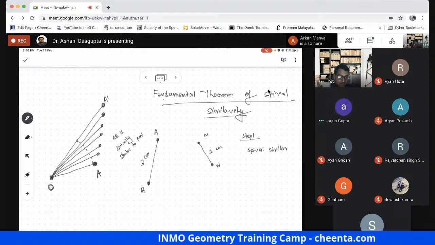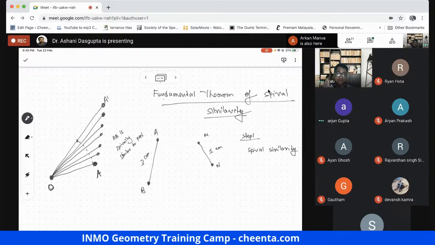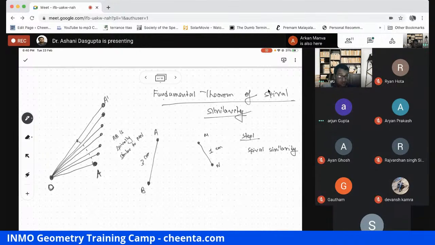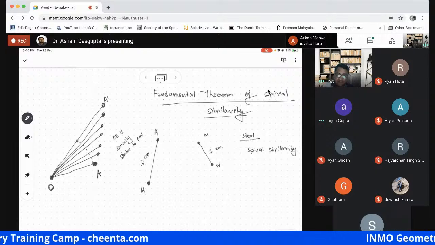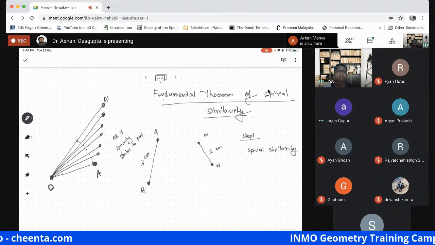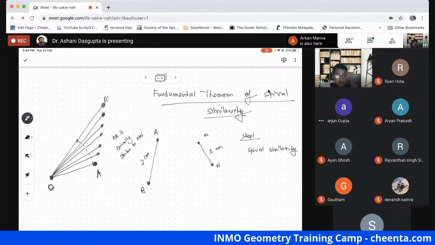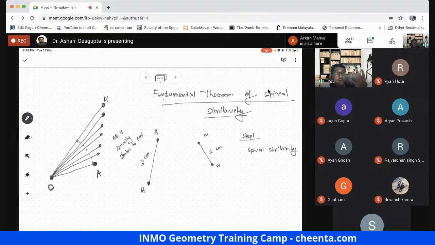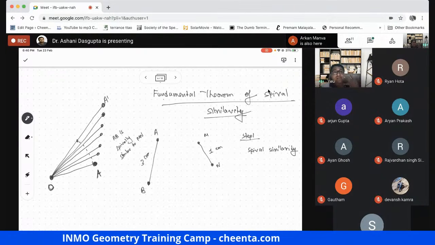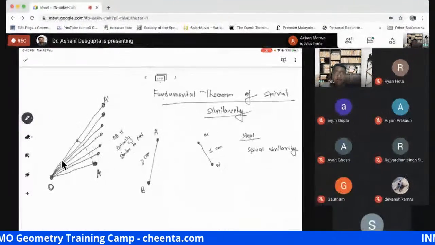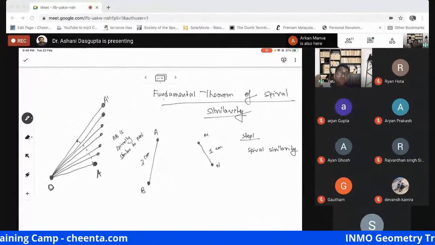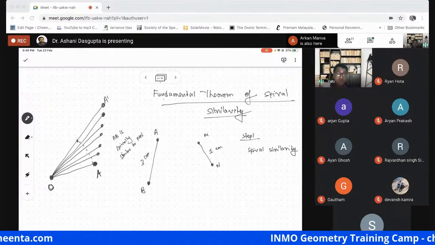Exactly. So you need to show that there is a point. You don't know what point that is. That is what I precisely mean by hunt down the center of rotation. You have to figure out about what point this rotation is happening. And of course, then you have to check whether this shrinking is actually happening or not.